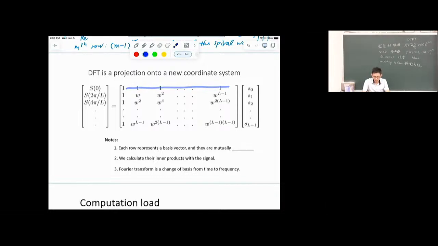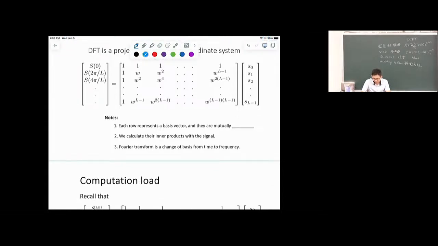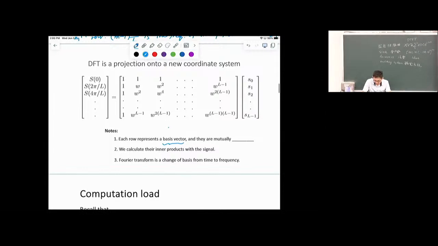That's one row vector, the second row vector. These row vectors are the new basis vectors, okay? Each of them, roughly speaking. So I have a summary right here for you. Let's go through the notes. Each row represents a basis vector.